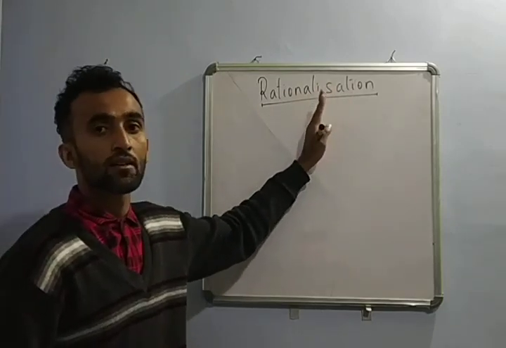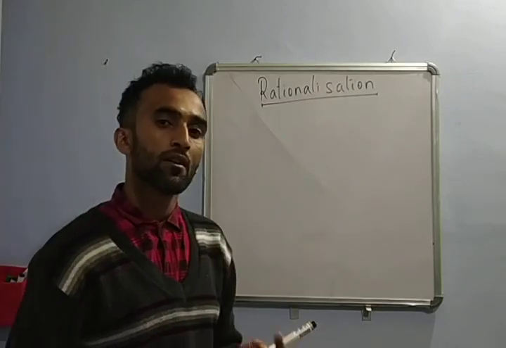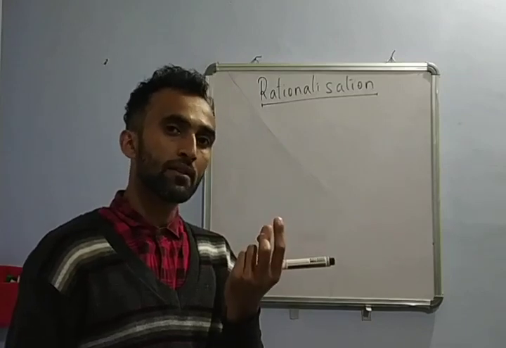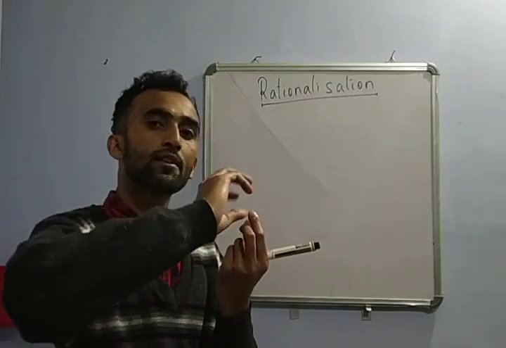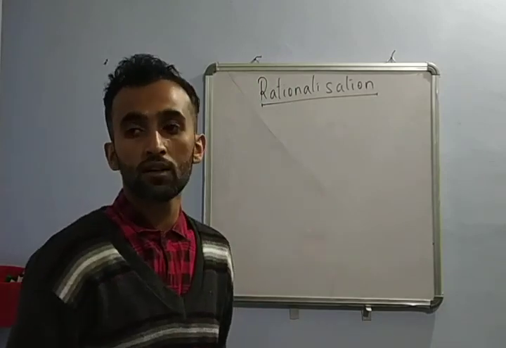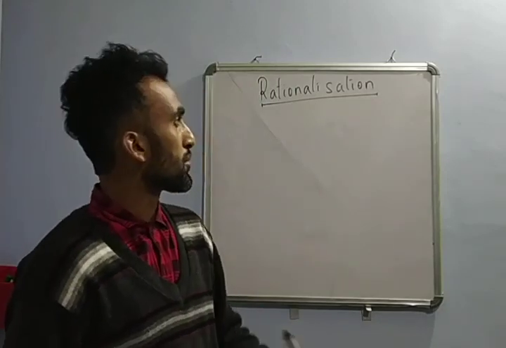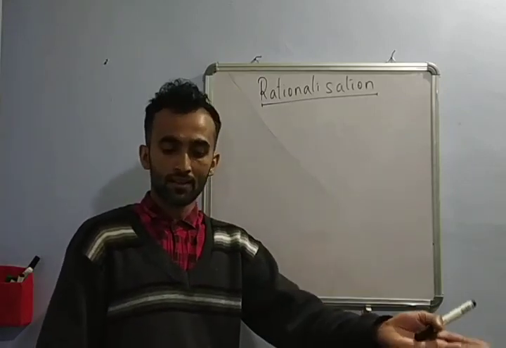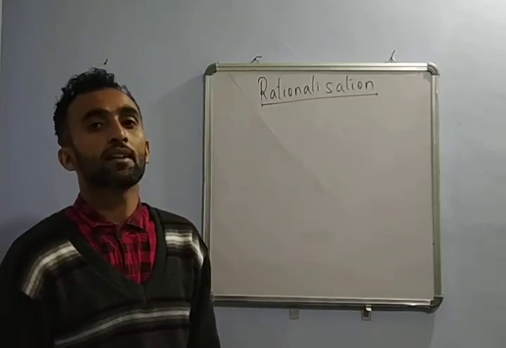Rationalization means, in very simple language, if you have an irrational number, how to make it a rational number? That process is called rationalization. The process of converting irrational to rational is called rationalization.